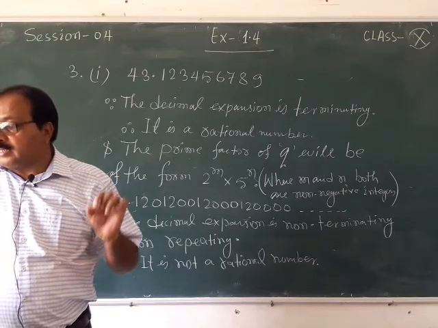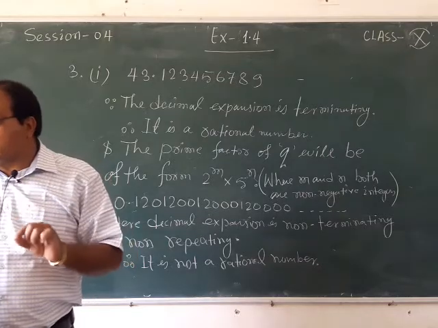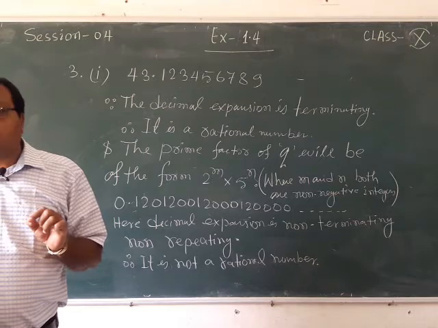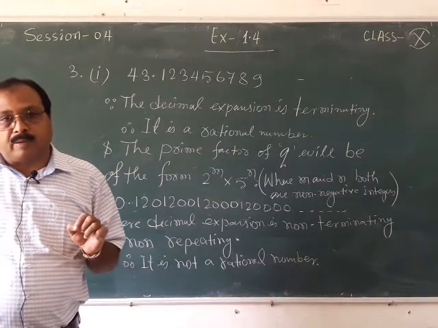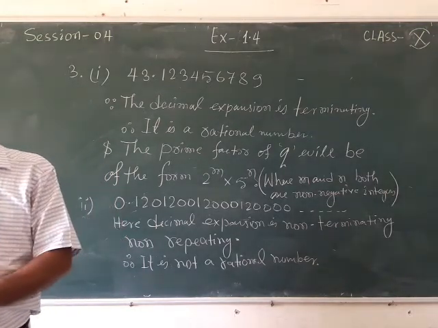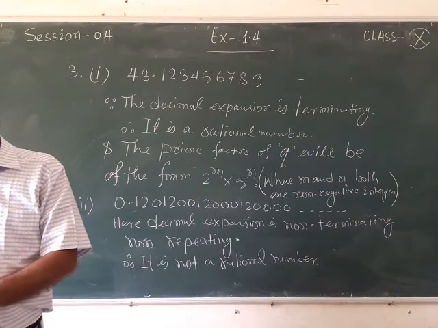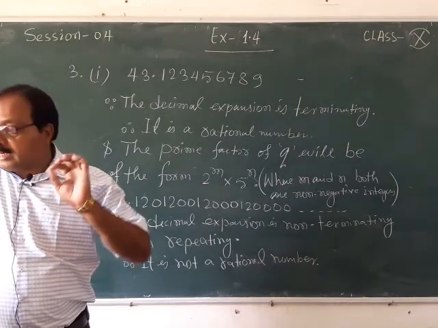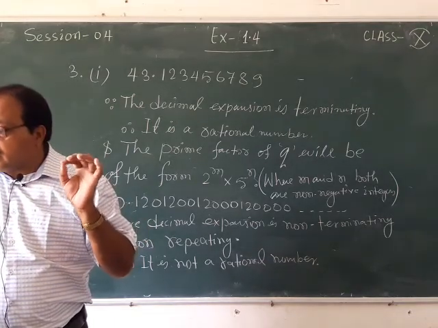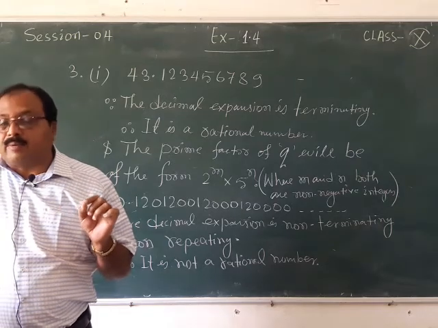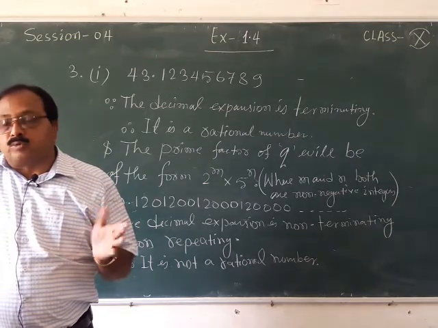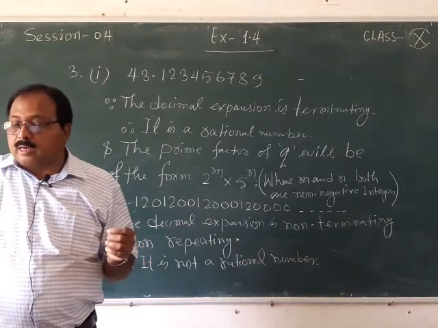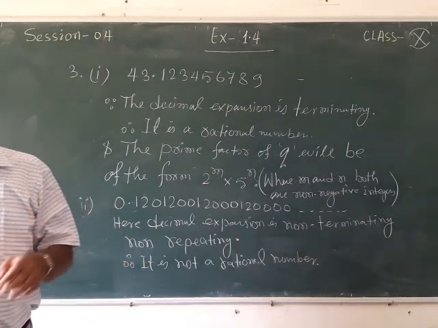Therefore, the given number is rational and its denominator is not of the form 2 to the power m into 5 to the power n, because you know that terminating decimals have denominators only of the form 2 to the power m into 5 to the power n, and non-terminating repeating decimals do not have this form. Okay, so you can write this answer of question 3 also. I hope that you are clear about exercise 1.4. Okay, take care.